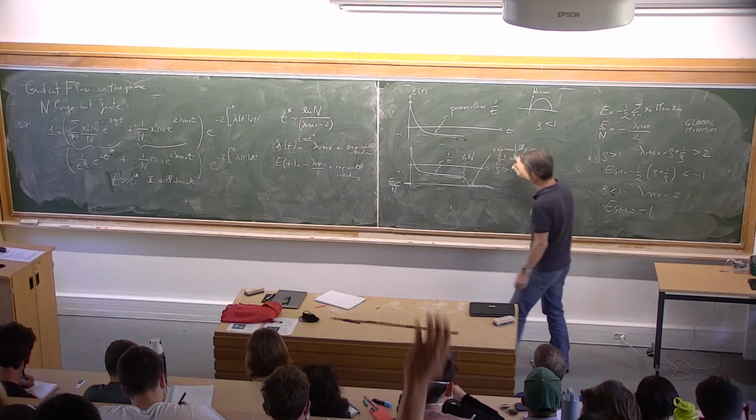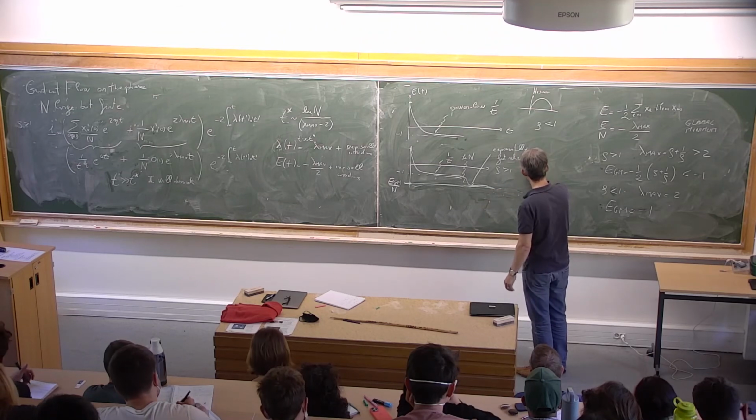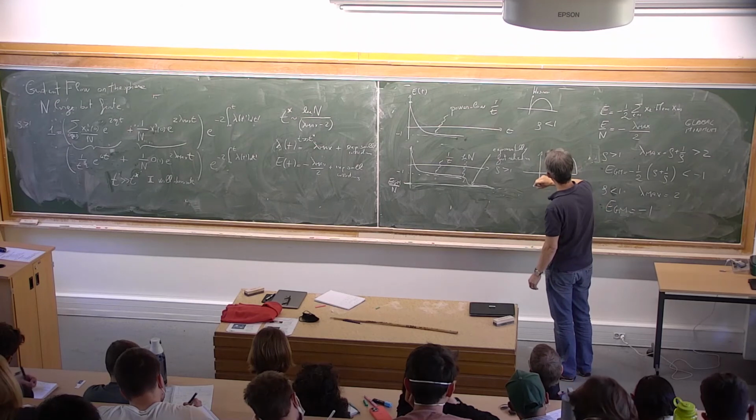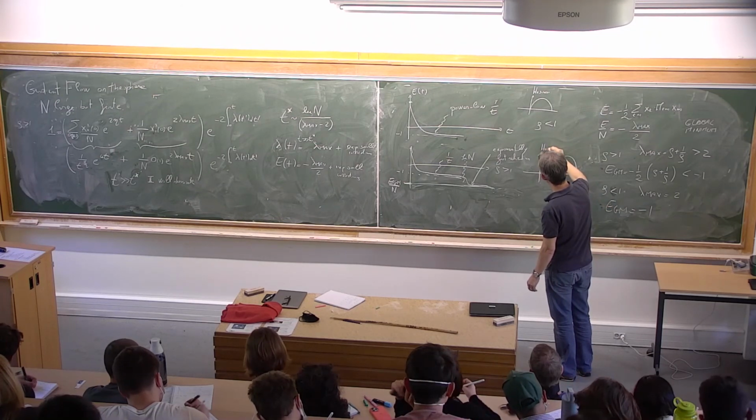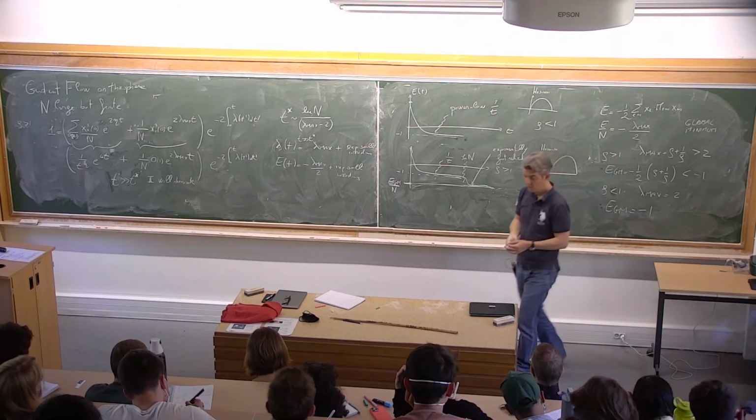Why is this relaxation exponentially fast? Because we computed the Hessian around the global minimum, and all the directions are strictly positive, so you will converge exponentially quickly to the global minimum.